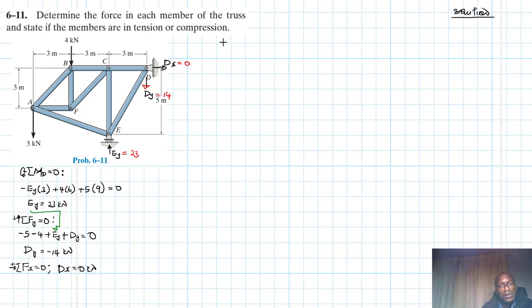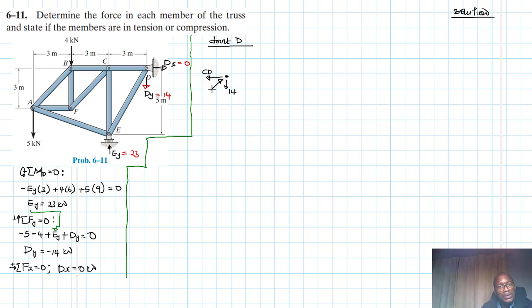So then let's start with joint D. Okay, so joint D, let me just draw something like this. Alright, joint D, what do we have? We have a 14 down there, and then let's say this one is in compression, and this one is in tension.